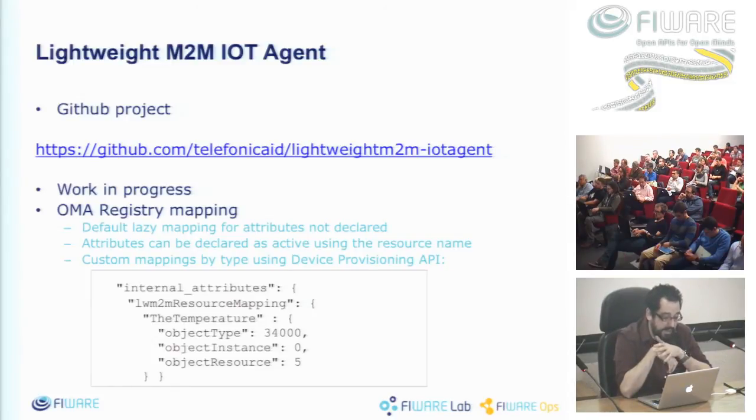And in the case that any attributes are not declared in the provisioning API or configuration API payloads, all the attributes declared to be provided by the client in the registration will be mapped as lazy attributes in the IoT agent. So the IoT agent will register as context provider of all the attributes of the client.